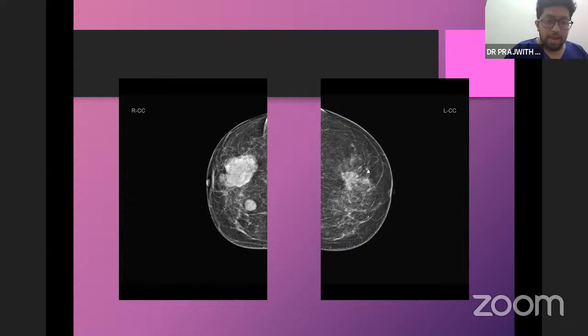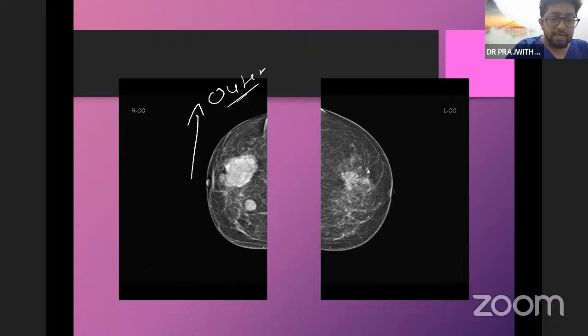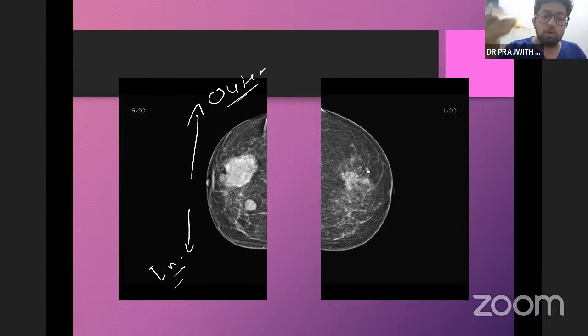Okay, I can help you with this. This is a craniocaudal view, in the right breast. In a craniocaudal view, the breast is compressed from superior to inferior. So this will be the outer aspect of the breast, and this is the inner aspect. In the craniocaudal view of the right breast, on the outer aspect, I can see a larger mass lesion.